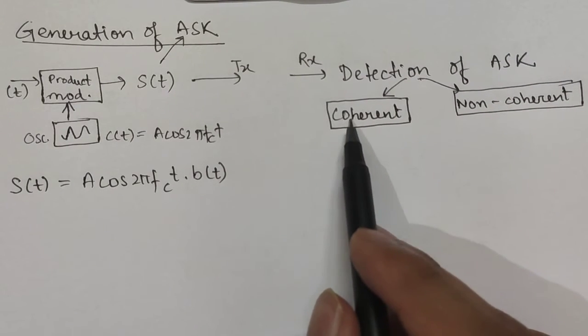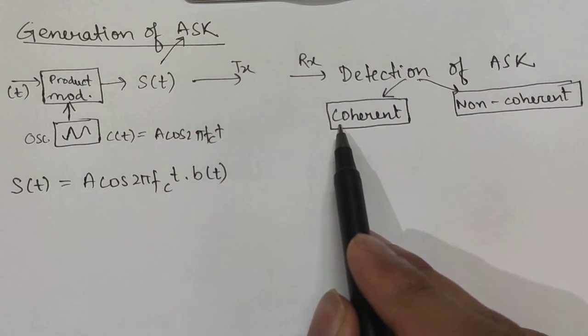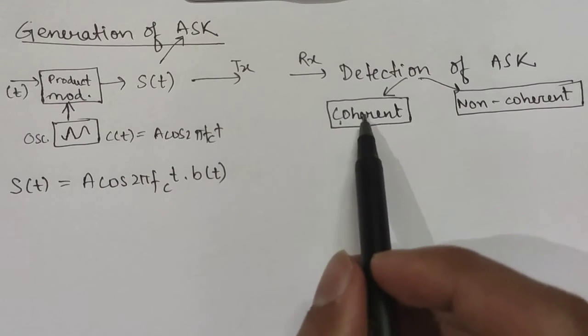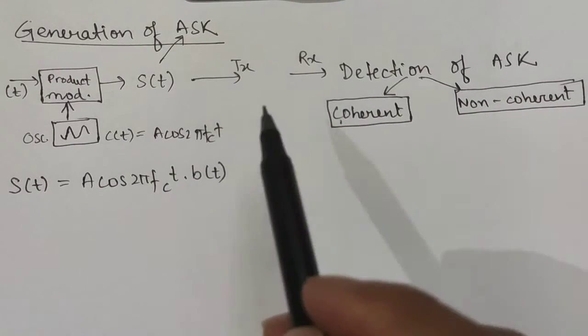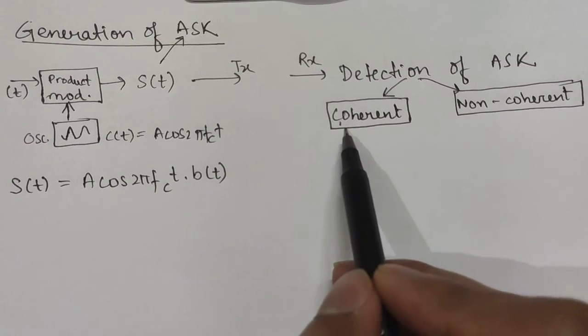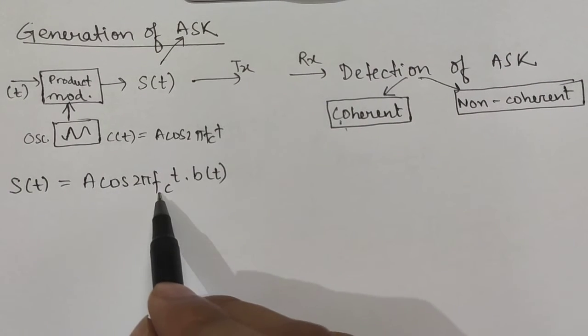By the name itself, in coherent detection, there should be something common between transmitter and receiver. If it is coherent, common. The common quantity is the frequency.